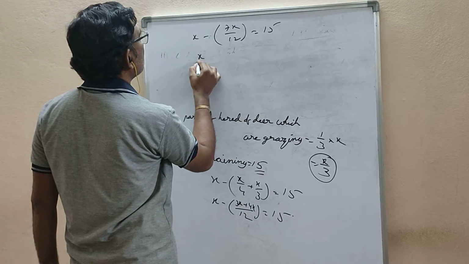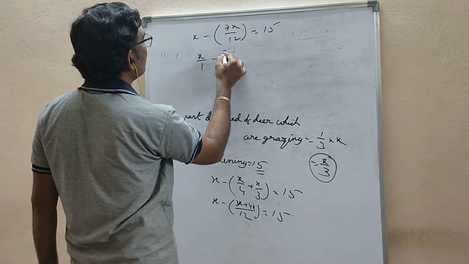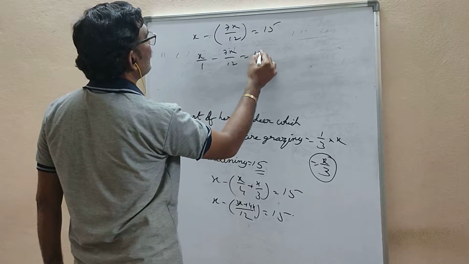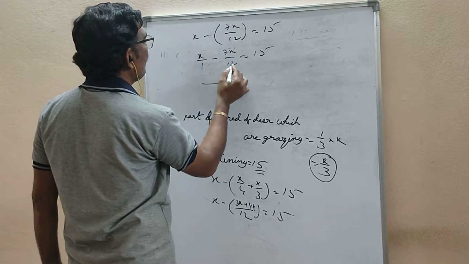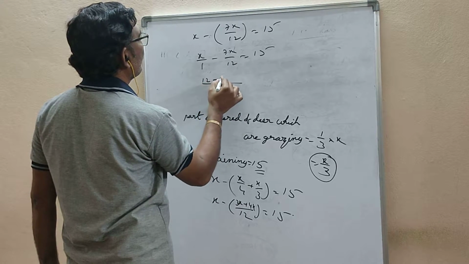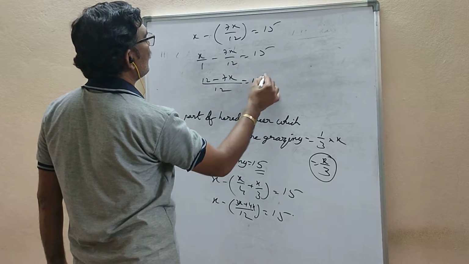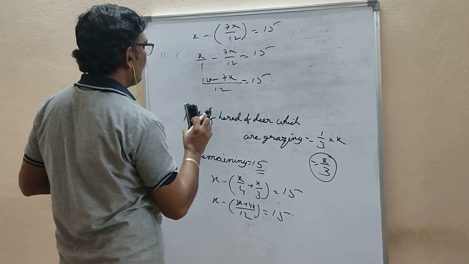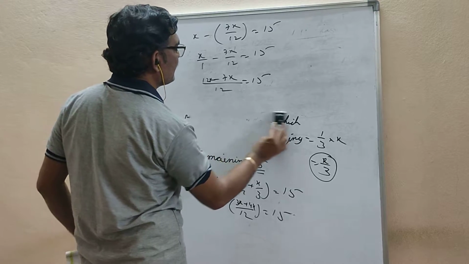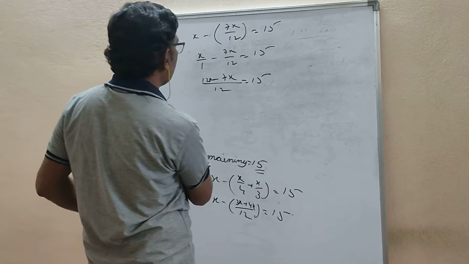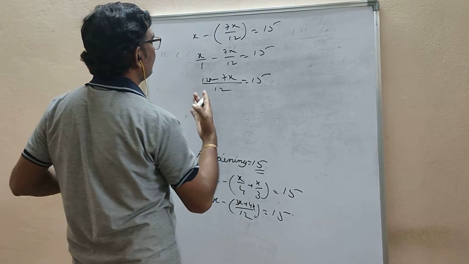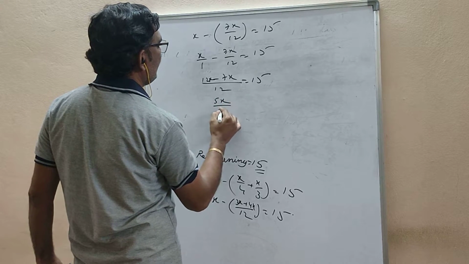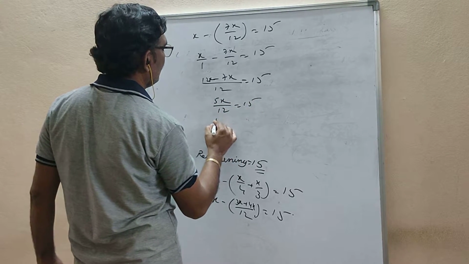Here x means x by 1, minus 7x by 12 is equal to 15. LCM for 1 and 12 is 12. 12x minus 7x. From 12x, if you subtract 7x, you get 5x. So 5x by 12 is equal to 15.